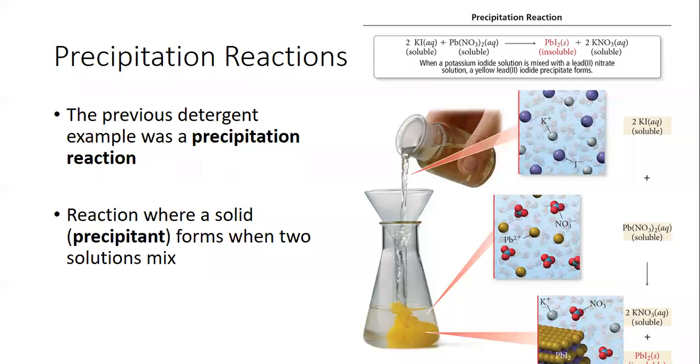So the topic for today, and what we're going to work on pretty much all day today, is this idea of precipitation reactions. On Monday, we began to talk about aqueous chemistry, that is chemistry in solutions.